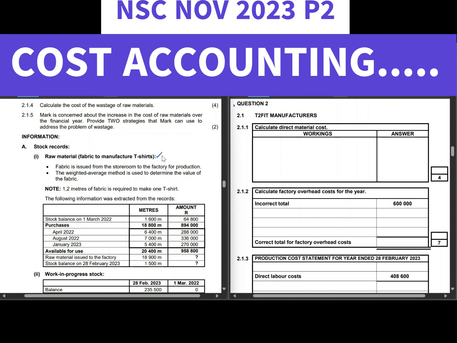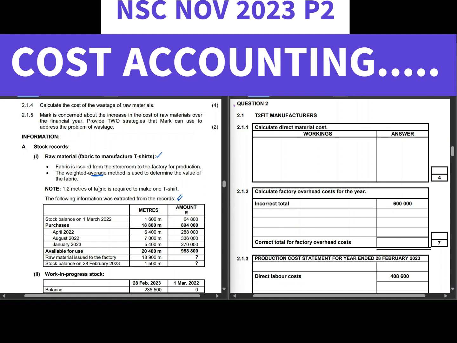And it says fabric is issued from the storeroom to the factory for production. The weighted average method. So very key that in this question, they're using the weighted average method to determine the value of the fabric. And then note 1.2 meters of fabric is required to make one t-shirt. The following information was extracted from the records.